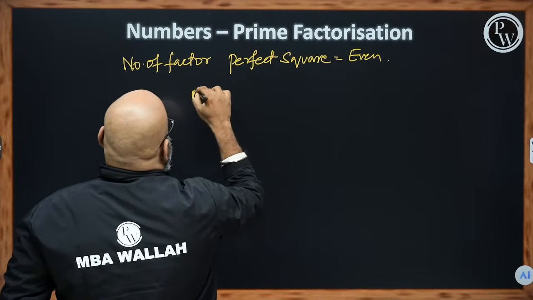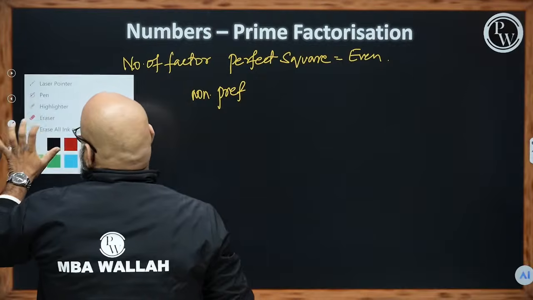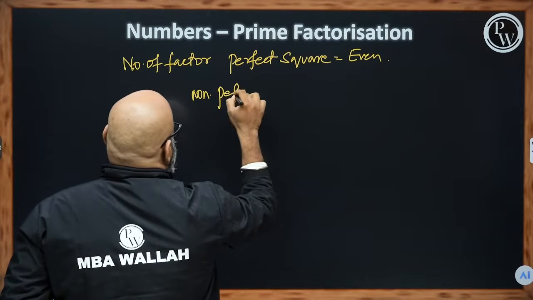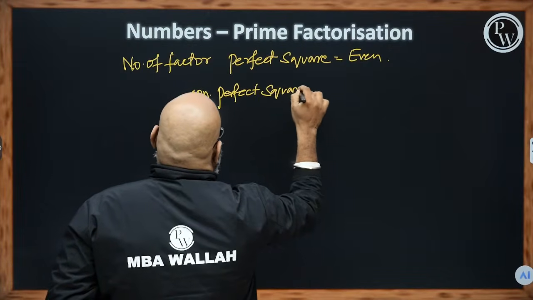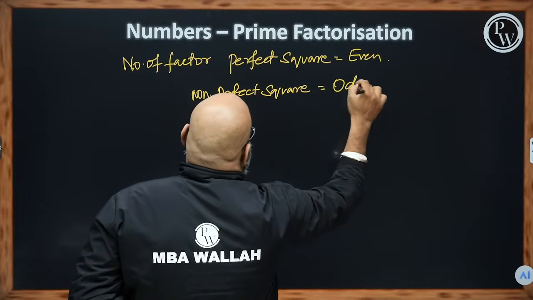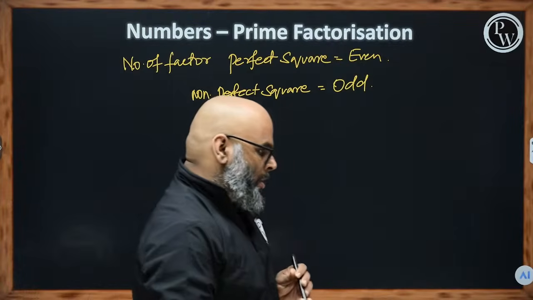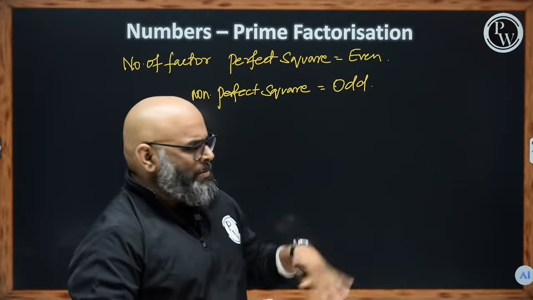For a non-perfect square, will be even. And that is a super important idea that we follow. I'll tell you why. And this idea is crucial.